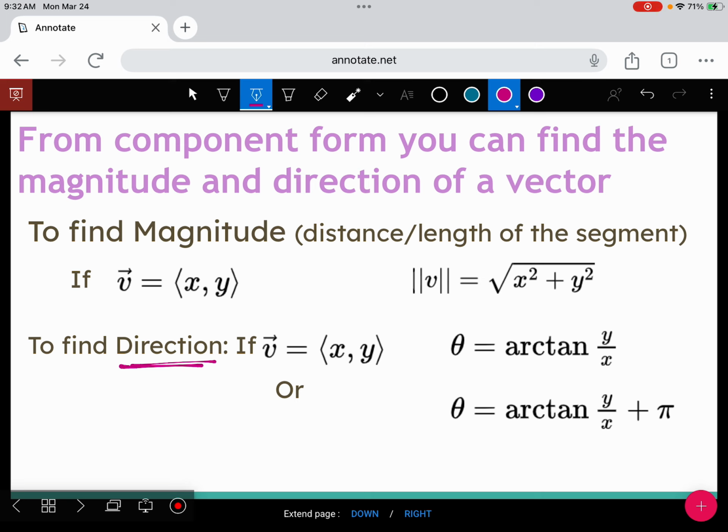We're going to have the inverse tangent of y over x, or based on where we have our domain of inverse tangent, we might need to have plus pi to get those coterminals based on what quadrant our vector's in. So we're going to have to pay attention to what quadrant we're in. Okay? So if we're in degrees, we add 180. If we're in radians, we add pi. So we might find things in radians, we might find things in degrees.